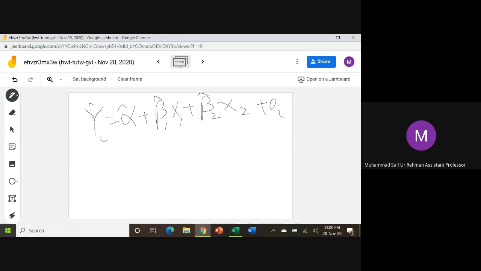If they correlate with each other, or if there is some relationship between x1 and x2, then the estimators will not be trustworthy. You cannot trust those estimators that you have found after the hectic exercise that you performed.